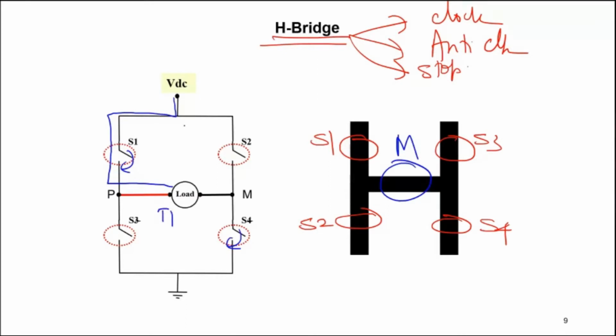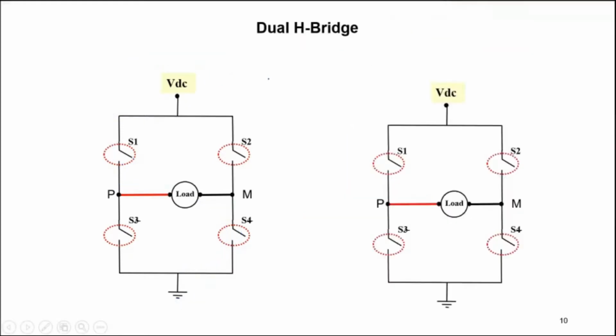Terminal 1 is connected to positive, terminal 2 is connected to negative. This will make the motor run in the clockwise direction. So clockwise means S1 is on, S4 is on.